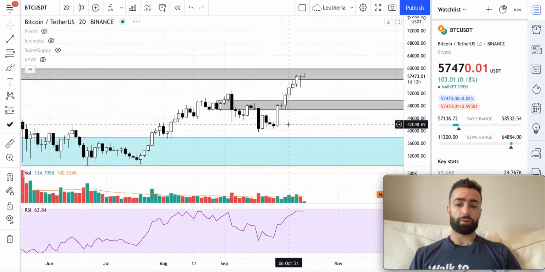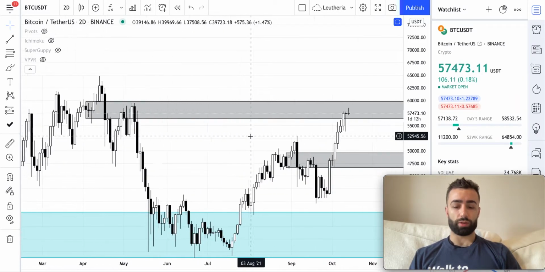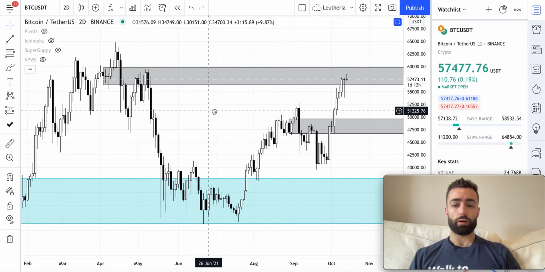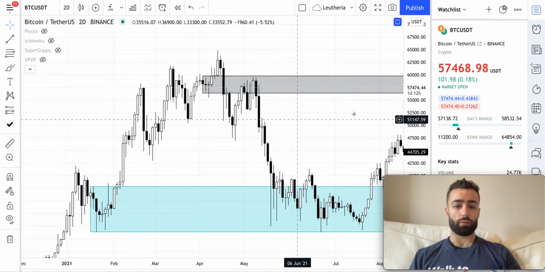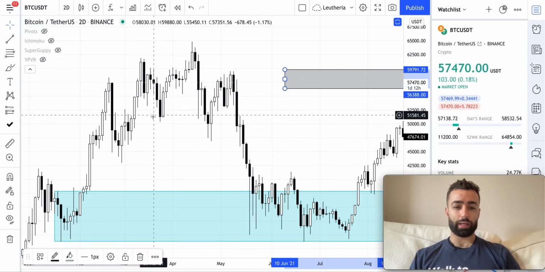From a 2-day perspective, a couple things to note here. We're still running into our resistance level here. If we are looking at this from a support and resistance standpoint, the only resistance level that we really have to be worried about is the one that we're currently in, which is from back here when we had our bull trend.